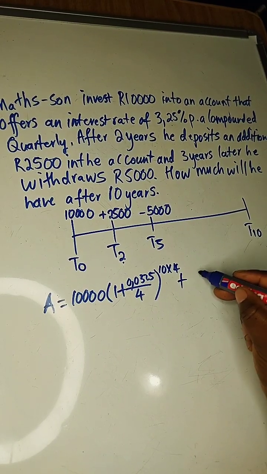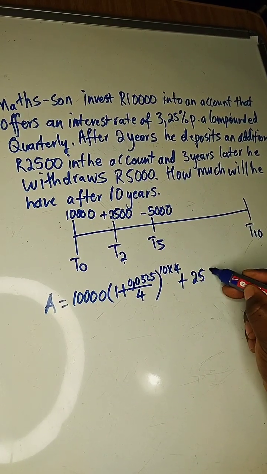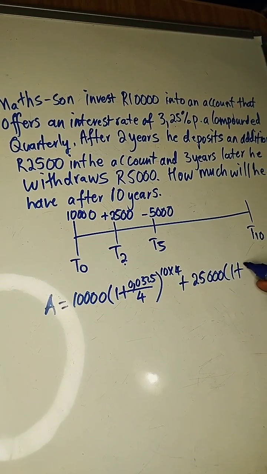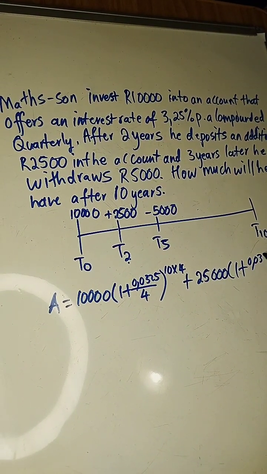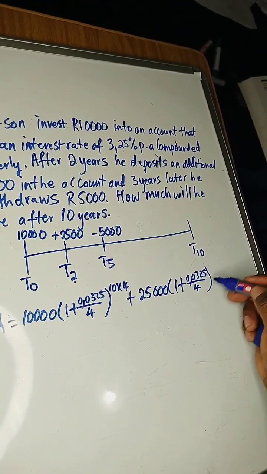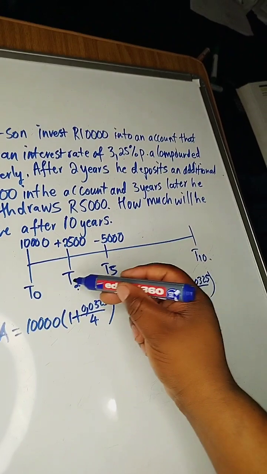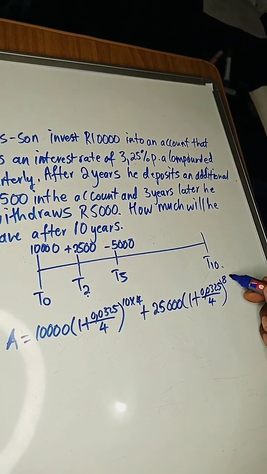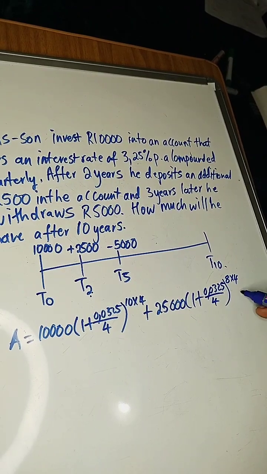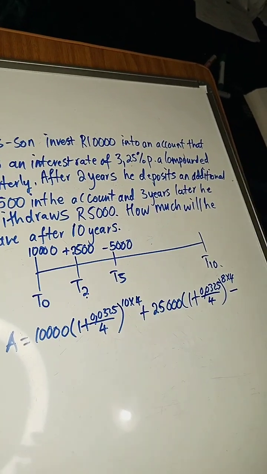Then we say plus 2,500 into (1 plus 0.0325 all over 4), all raised to 10 minus this, which gives us 8 times 4. Then we say minus.